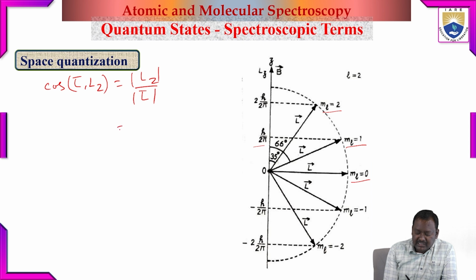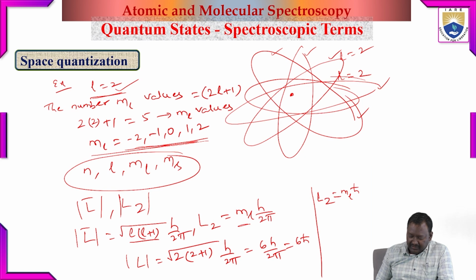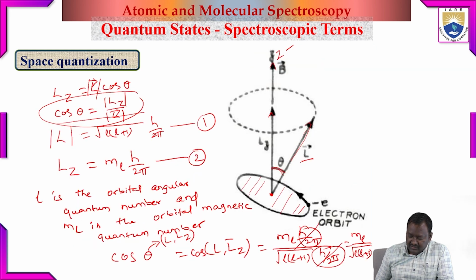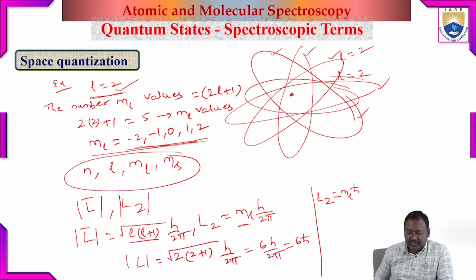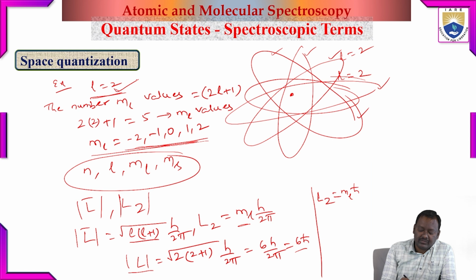So Lz is given by ml h cross. We already calculated this expression also: cos of the angle between L and Lz is ml by square root of L into L plus 1. Now the value of L is root 6 h cross for L equal to 2.